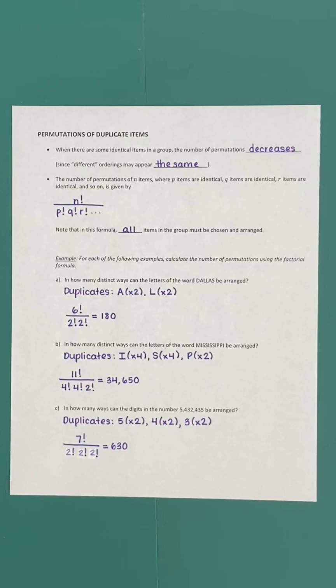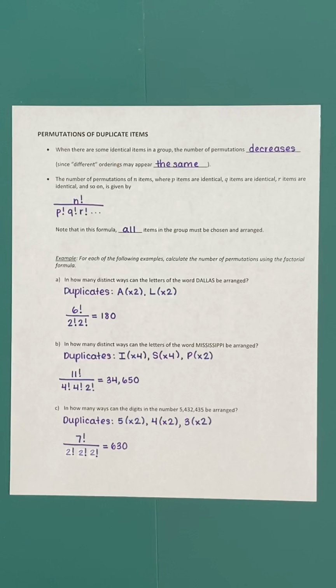If we're only choosing some of them, then unfortunately we don't really have a formula to take care of that. That's actually a fairly complex situation. So we're going to assume in these situations where there are some duplicates that every single thing we have to choose from, we are in fact choosing and arranging. We're just taking into account things that look the same and which arrangements are going to look the same.